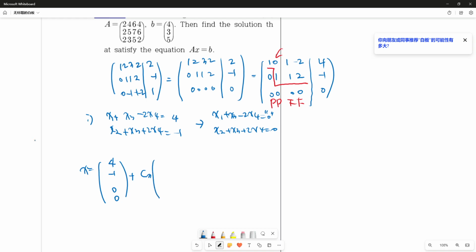So c3 times negative 1, negative 1, 1, 0, and c4 times 2, negative 2, 0, 1. Okay, that is the complete solution.